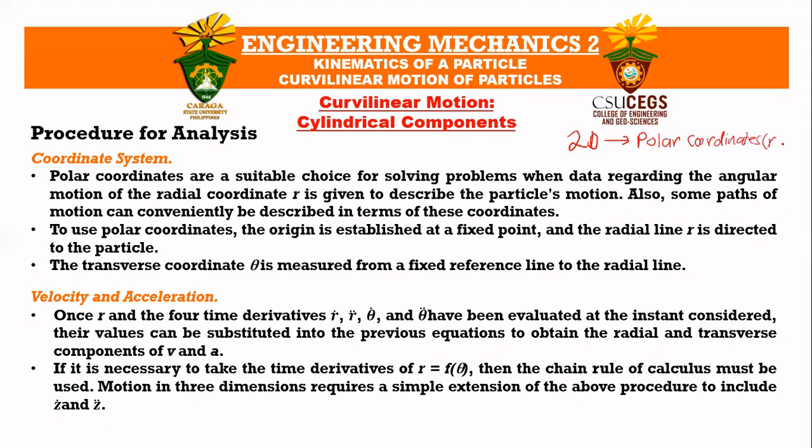So that is r and theta only. And if it is a 3 dimensional, that is what we call cylindrical coordinates. So that would be r, theta, and z coordinates. So that is the difference between the two.